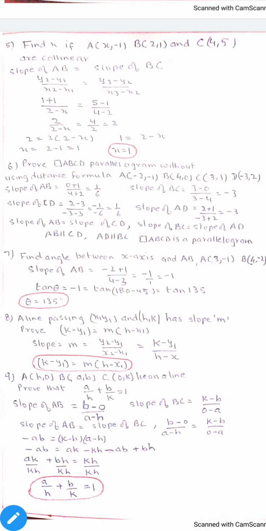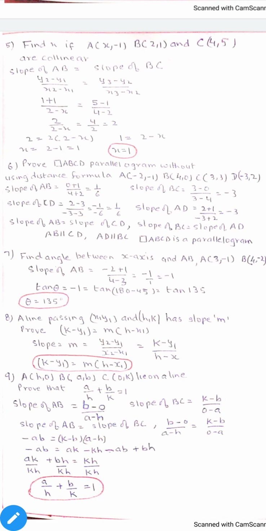Slope of BC and AD is equal to minus 1 upon 3. Since slopes are equal, AB is parallel to CD and AD is parallel to BC, and quadrilateral ABCD is a parallelogram.